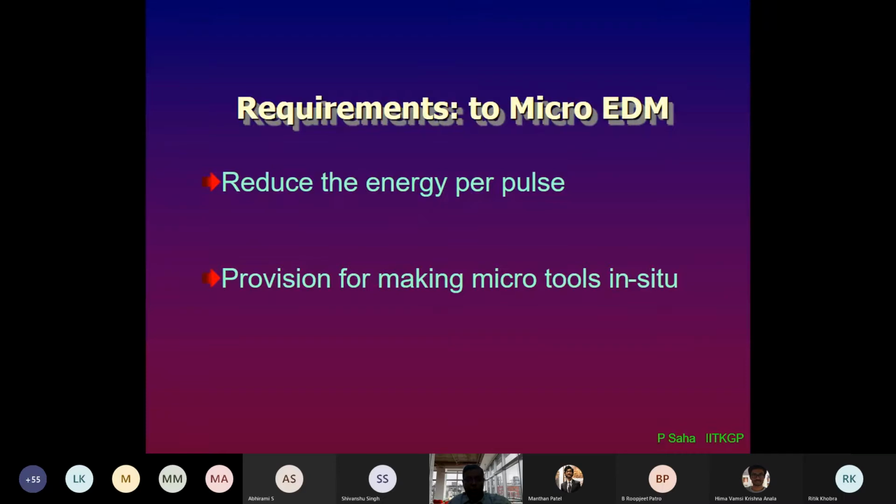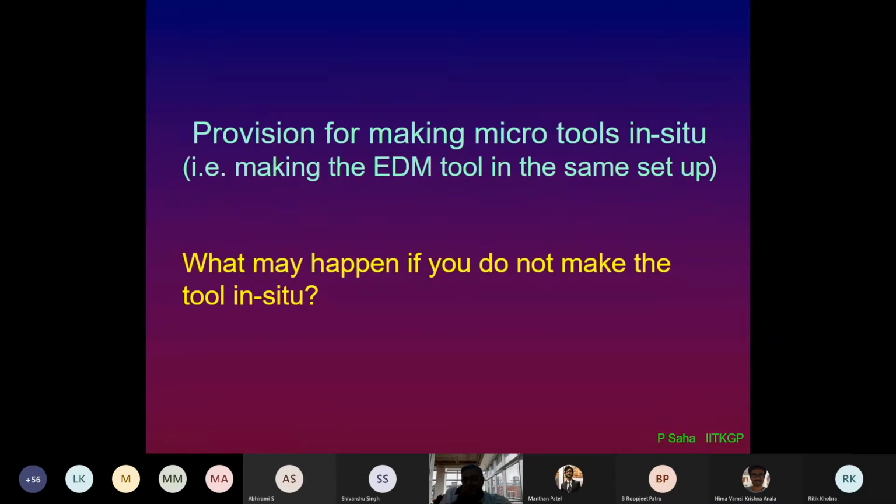So both things are required for the micro EDM setup. First we discuss the provision for making the micro tools in situ. I have already explained what may happen if you do not make the tool in the same setup.